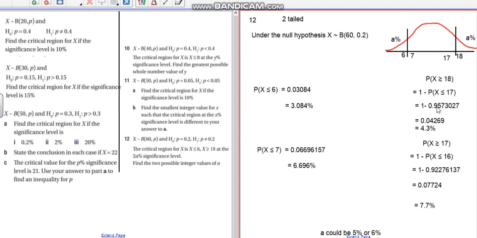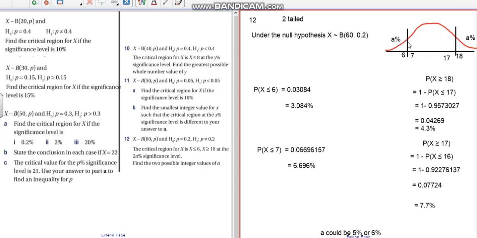So I couldn't have 4% here, it would have to be 5%. My significance level would have to be 5% because I couldn't have 4% here, that would be too small, and these two have to be the same. So at the moment I've got 5%, that's one answer. It could be a significance level of 5% where I would reject at 6 and reject at 18.